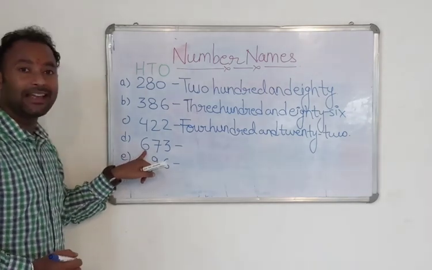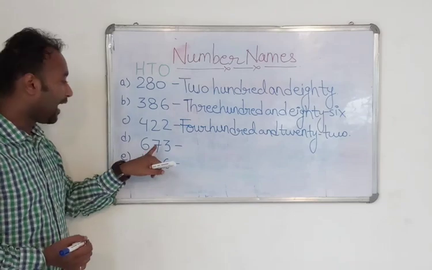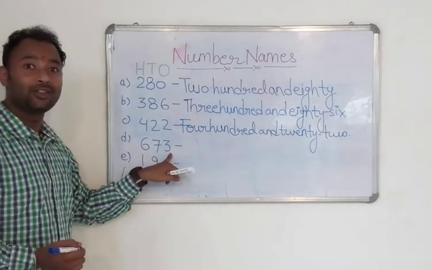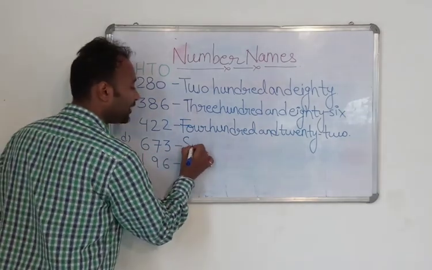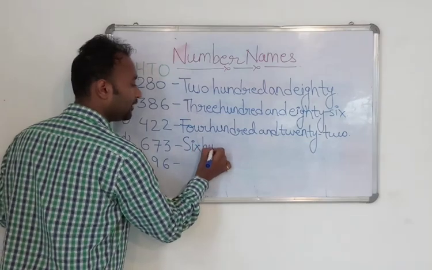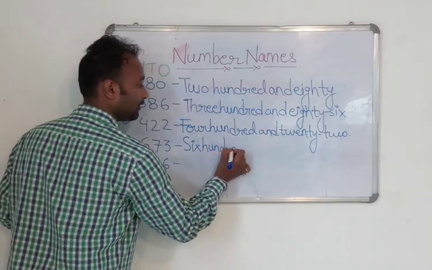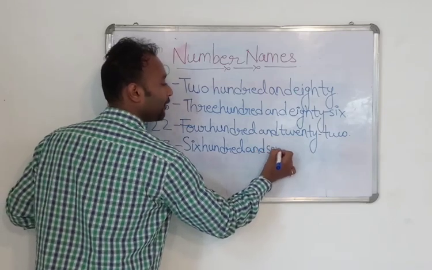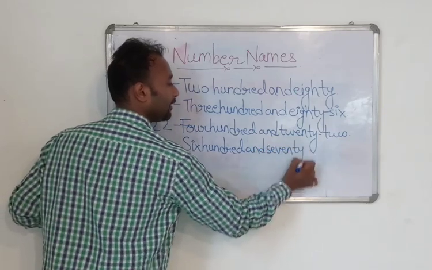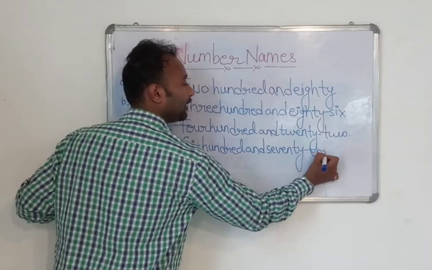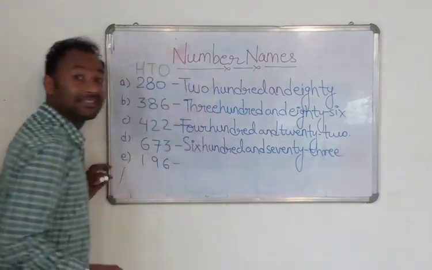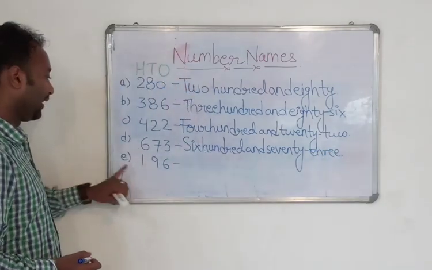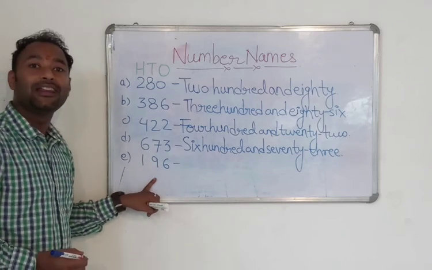What is written there? 673. So you will write here 673. It's easy, students. Okay.